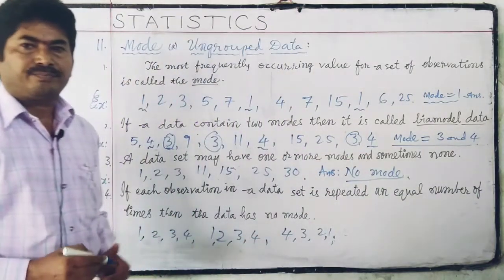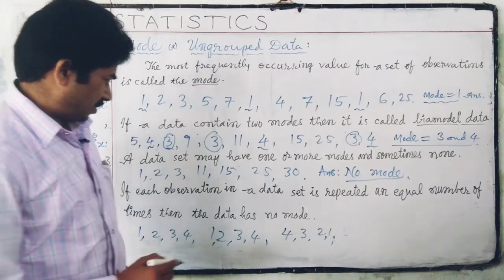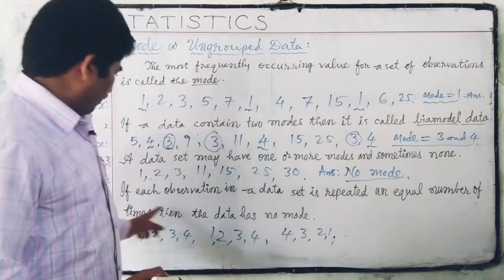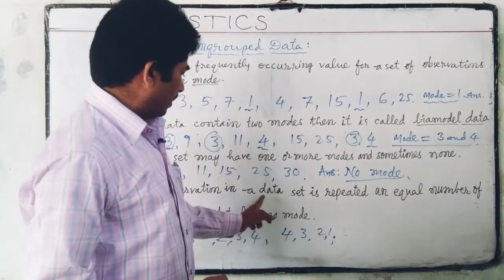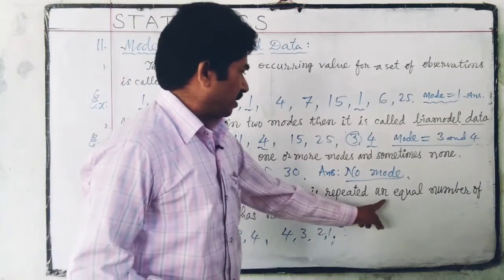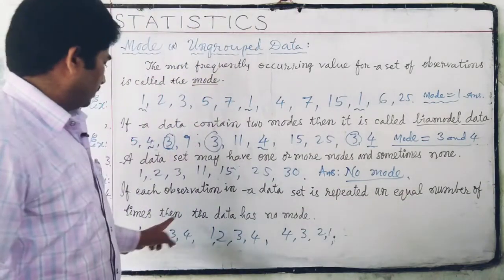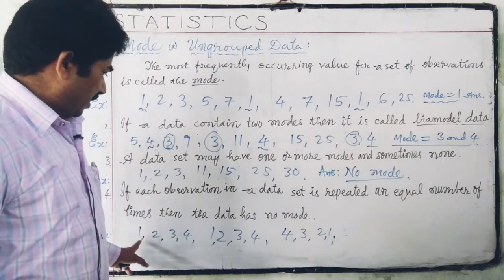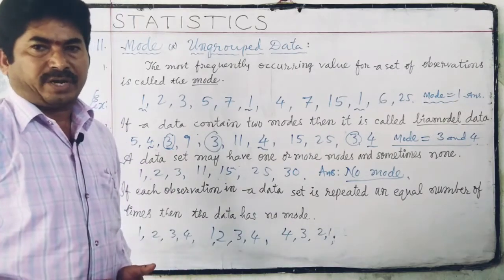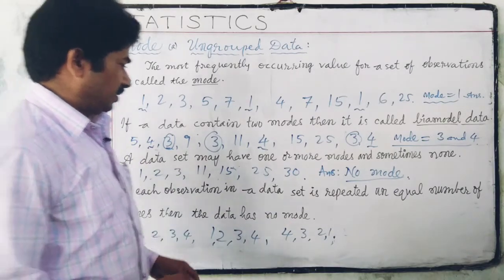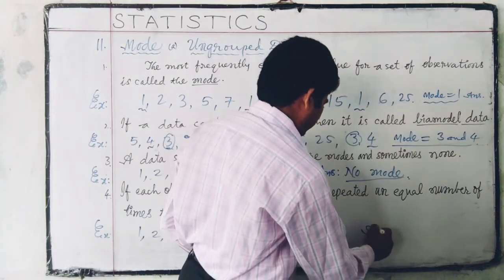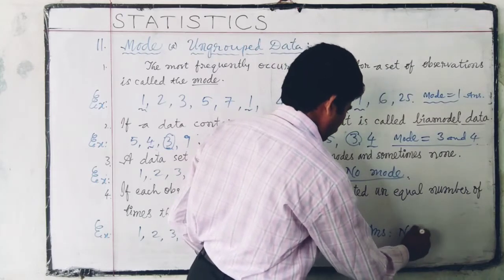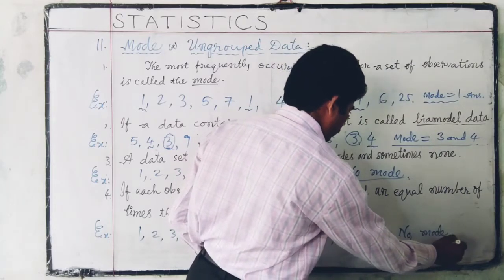For this data, if each observation in a data set is repeated an equal number of times, then the data has no mode. So here these all are equal number of times. So that's why it has no mode.